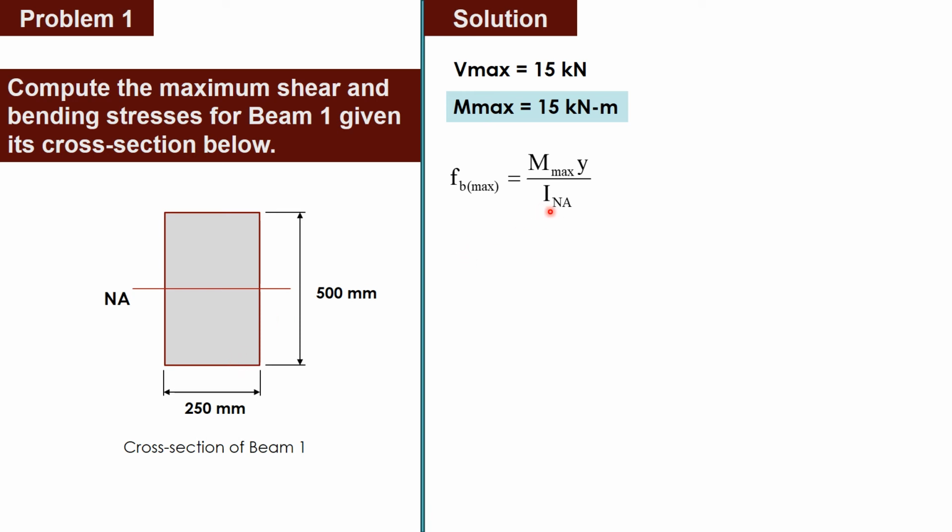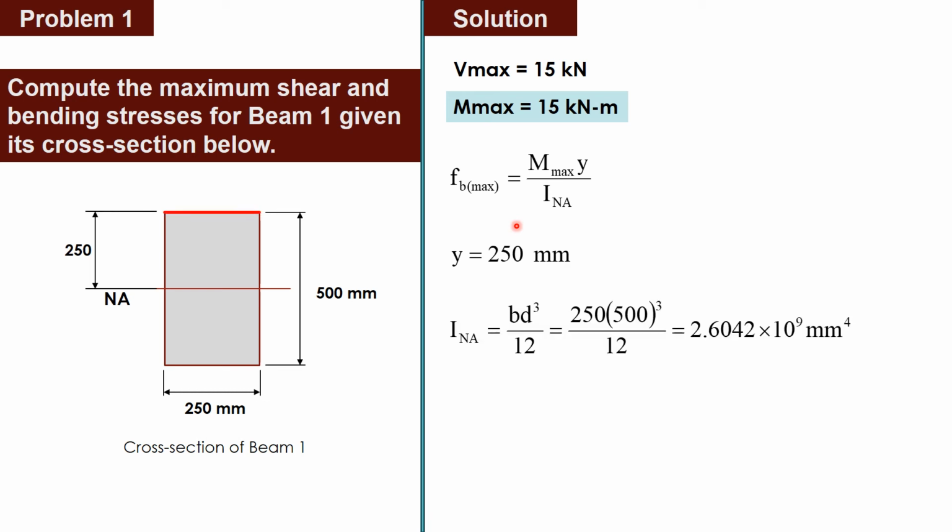And of course, yung INA mo, na nasolve mo kanina from the other requirement, which is the shear stress. So, lagay natin dito. So, your Y is 250. Then, INA is equal to this. Ito na yung resolve natin kanina sa shear stress. So, substituting these three values to this equation, it will give you 1.44 megapascals.